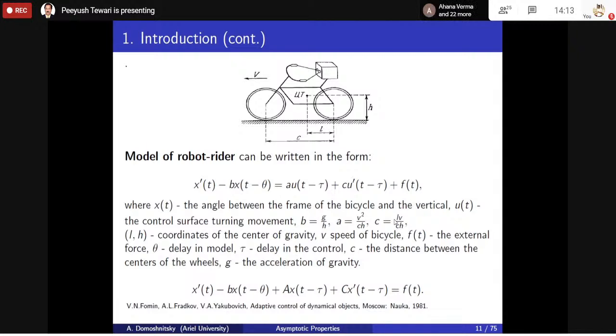The other problem is a model of a robot rider, and I take it from the book of Fomin, Fradkov and Yakubovich, and we obtain a second order delay differential equation. Why in all these models do we have delay? We have delay in order to obtain a signal from the object and to react to this signal.